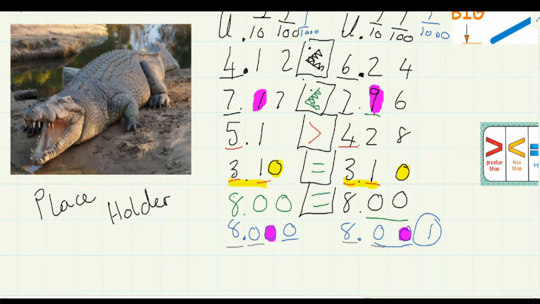And this is where I can now do my comparisons. Because I've added that placeholder in there, 8 is equal to 8.000, which means that when I have 8 wholes, I have 0 thousandths.